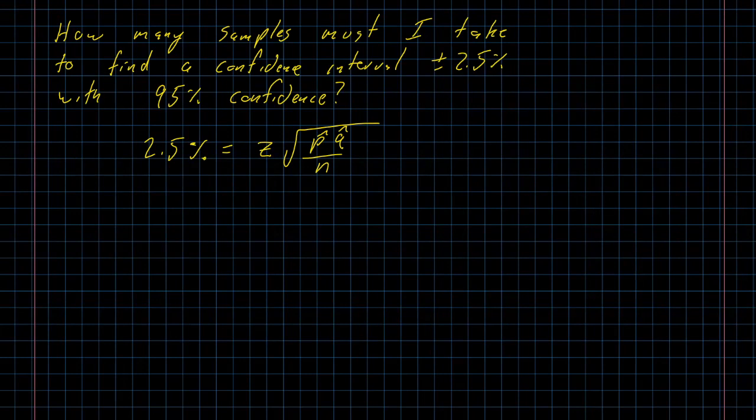And one of the things that you hopefully notice in this formula is that we've got a lot of unknowns here. P hat is unknown, q hat is unknown, and of course, n is the thing we're trying to solve for. There are two ways that you can fill in some of that information.